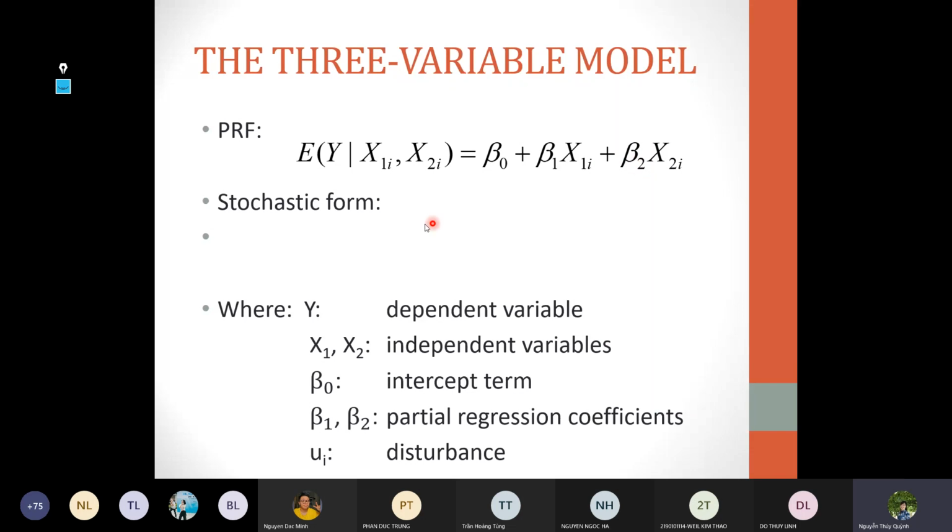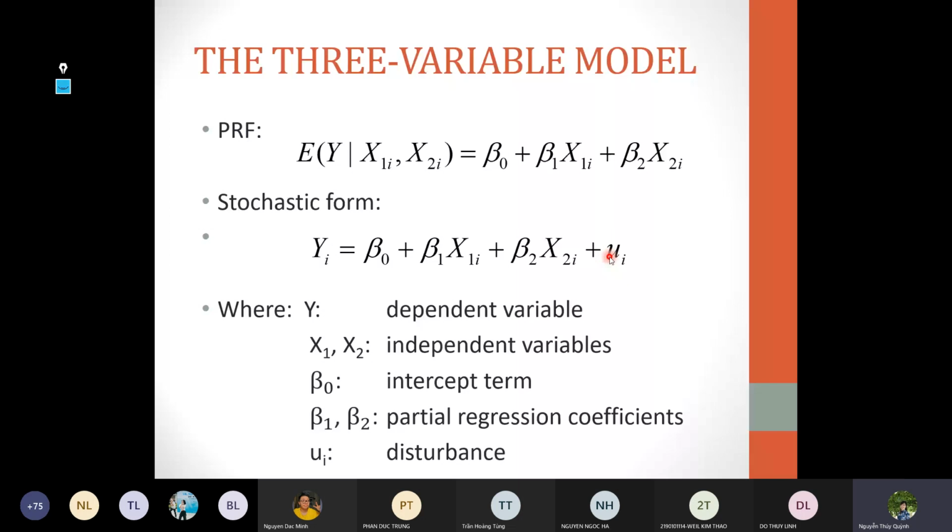Now, for the population regression model, we still have one more form, that is the stochastic form, where the observed, random value of y is equal to beta 0 plus beta 1 times x1i plus beta 2 times x2i plus the disturbance ui.